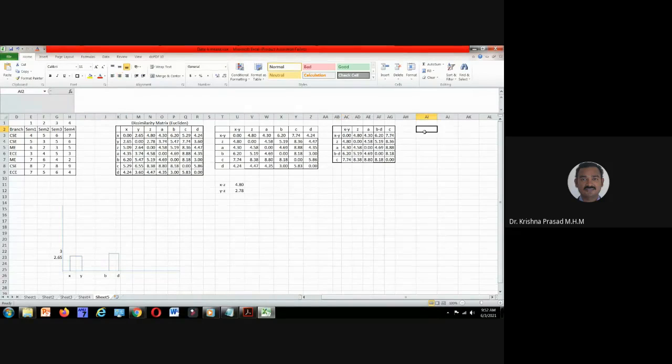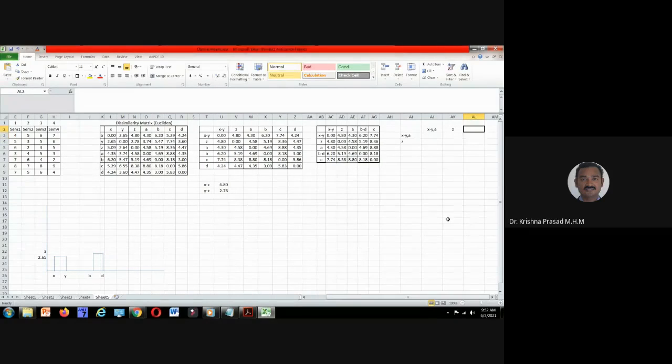What about the dissimilarity matrix now? X, Y, comma A. Right? That's why initially I used that hyphen symbol. XY comma A. Here also XY were first combined, then A joined. Then Z as it is. Sorry, A is not there.